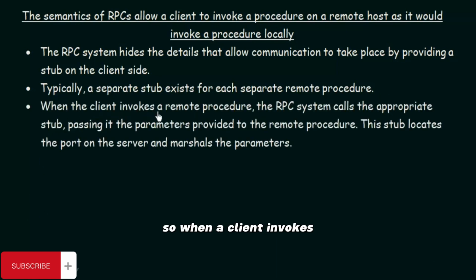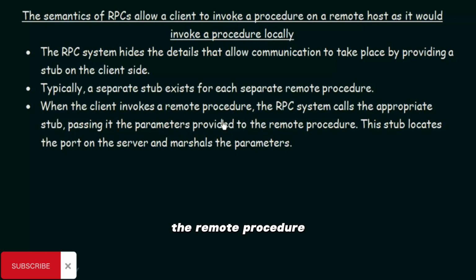When a client invokes a remote procedure, the RPC system calls the appropriate stub, passing it the parameters provided to the remote procedure, and this stub locates the port on the server and marshals the parameters. When a client, a process in one system, wants the service of a process residing in another system, it invokes that procedure.